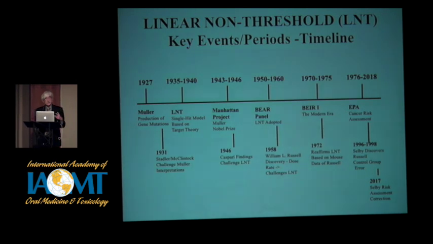Now, the interesting thing is that by that time, linearity had become established, and in 1970 to 72, a new NAS committee was put together called the BEIR 1 Committee, the Biological Effects of Ionizing Radiation, and they re-looked at this earlier 1956 work, and they realized it wasn't good if they wanted to base human standards on a fruit fly. So they wanted to base it on a mammalian model, and Russell's mice were the best thing to use because he had data on over 2 million mice in a big Department of Energy study.